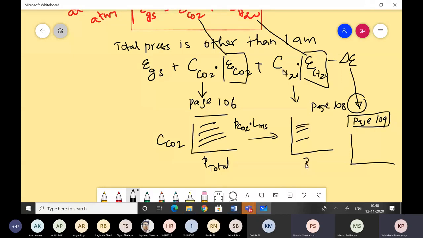The partial pressure of H2O divided by the partial pressure of H2O plus the partial pressure of CO2, and your y-axis is delta epsilon, and the different lines correspond to different values of PCO2 times L plus PH2O times L, right?